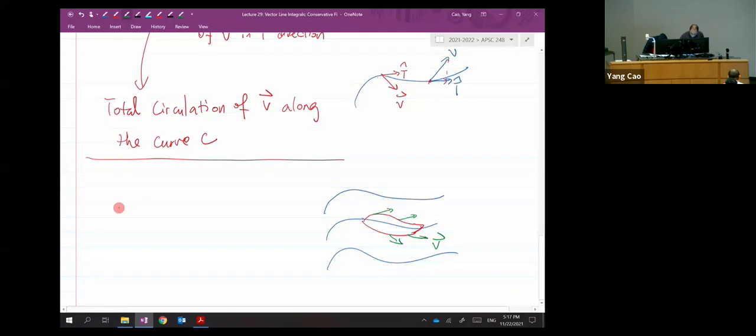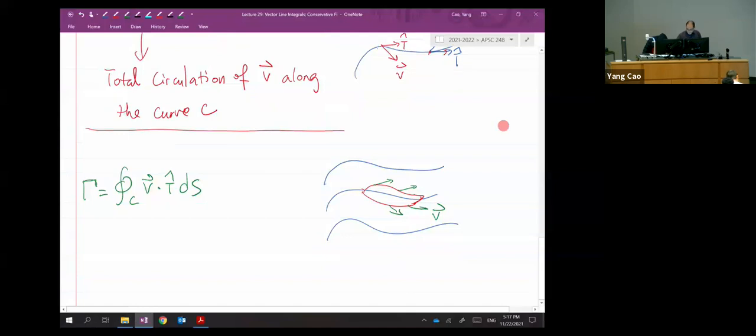Then you can calculate the total circulation of this air over the airfoil. I used a circle here, which means C is a closed curve instead of an open curve, so you can get a line integral over this. Let's call this gamma.